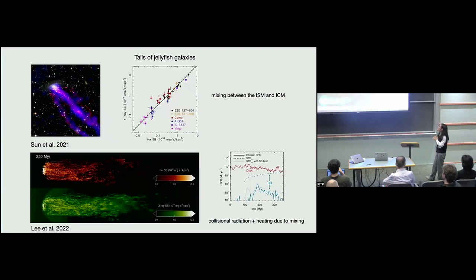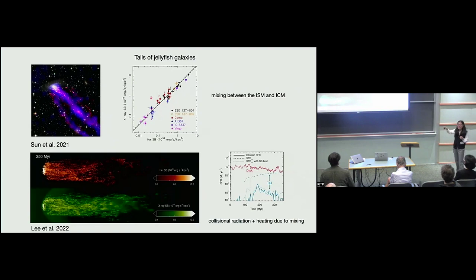And what is powering H alpha? Because it's a simulation, they know everything. If you simply take the star formation rate estimated from the H alpha luminosity, you get the star formation rate shown by the blue dashed line for the tail, and the solid blue line is the intrinsic, actual star formation rate. You can see there is a huge discrepancy.